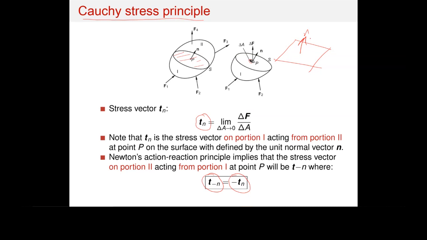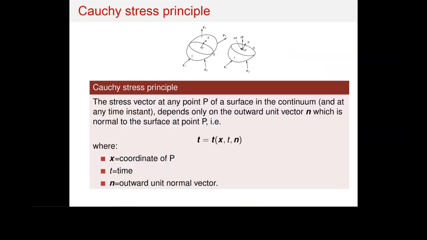If this is n, then if you are interested in the other cut surface, the n is going to be negative in there. And we are always interested in the outward going n. Okay, so this is minus n, this is n. So t minus n is equal to negative tn. This is because of the equilibrium. All right, so this is the first point.